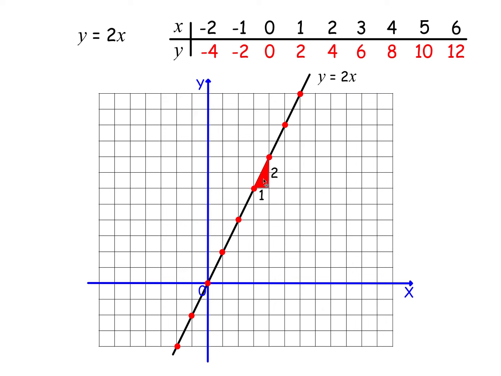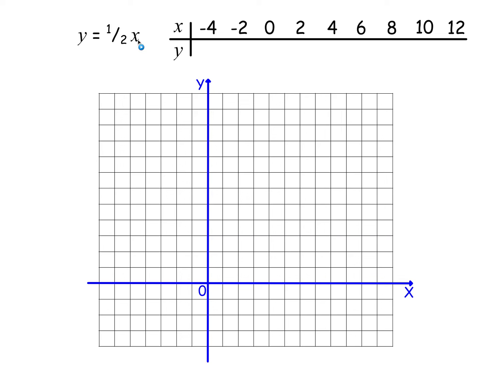So everywhere on that line, between any pair of points, for 1 on the horizontal, you rise 2 on the vertical. That gradient 2 comes from y equals 2x. It comes from the y coordinate being twice the x coordinate. So the y component here is twice the x component, which makes the 2 on the vertical that gives you the gradient 2.